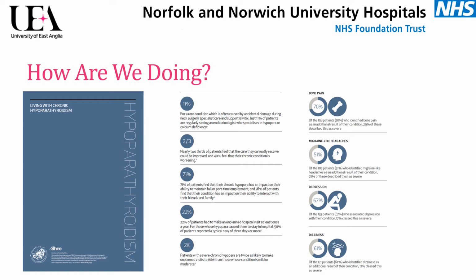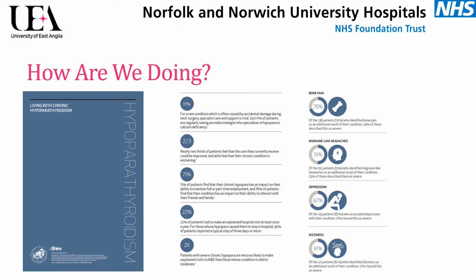Two thirds of patients felt that their care could be improved upon. 71% of patients found that their condition was having a significant impact on their ability to maintain their normal lifestyle, and 22% of patients, so more than 1 in 5, were having an unplanned hospital attendance or hospital admission every year.